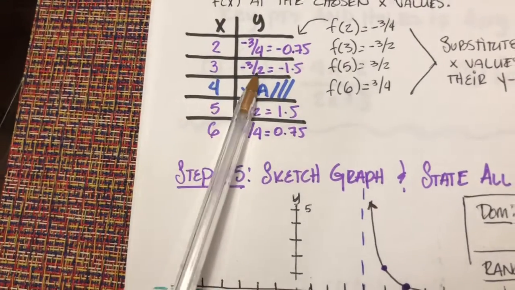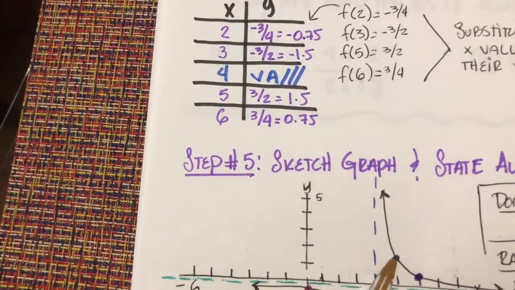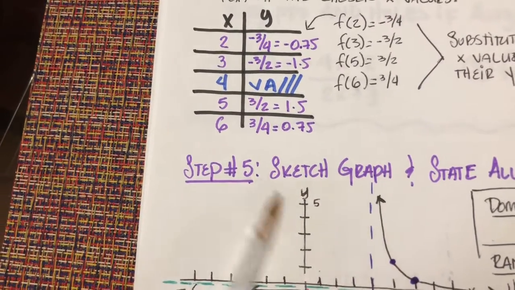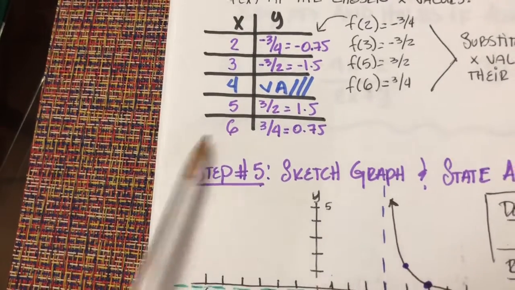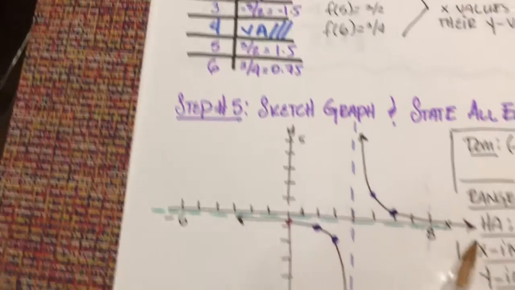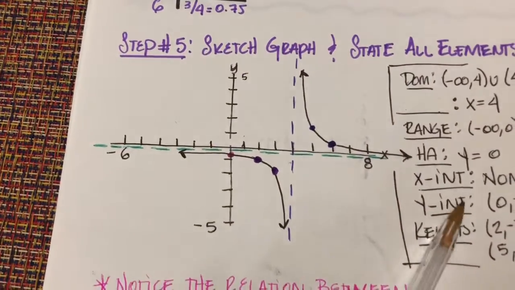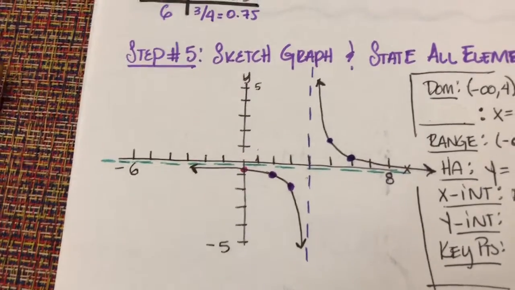Then 3, -3/2, which is here, the y-intercept. And then I have 5, 3/2, which is this one, and then 6, 3/4, which is this one. I join my dots, remembering that the graph is a curved line approaching the asymptotes in both directions, passing through the points that I found.